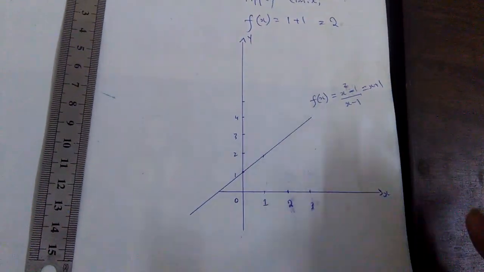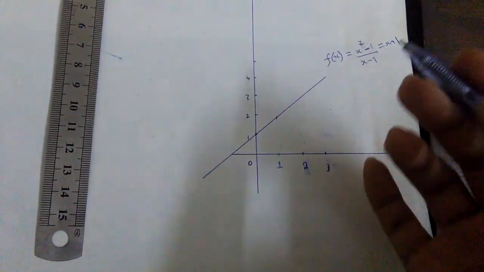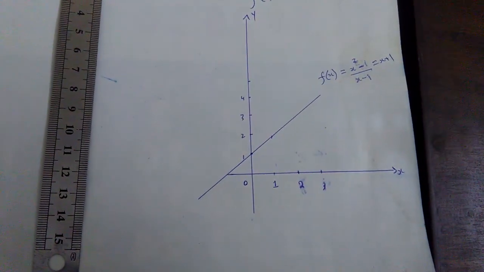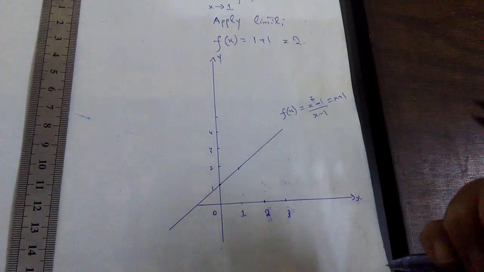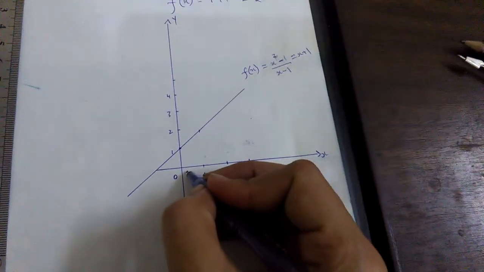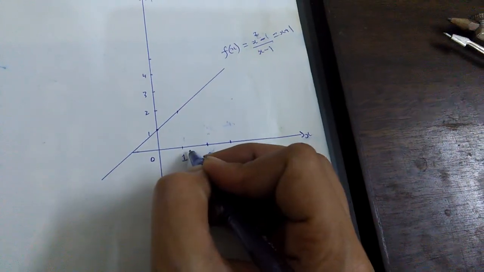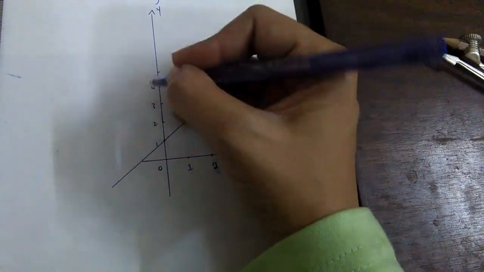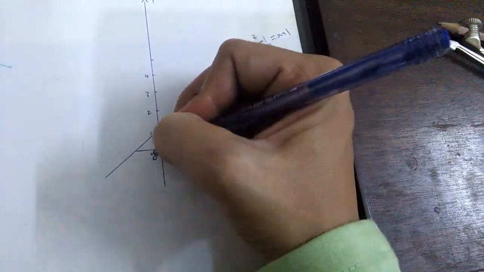It was basically a linear function, that's why it is representing a straight line graph. So you see, when my x is approaching towards 1, either from this side or from this side, I mean either from the left or from the right side, the f of x is going to converge towards 2 from the upwards and the downwards direction.